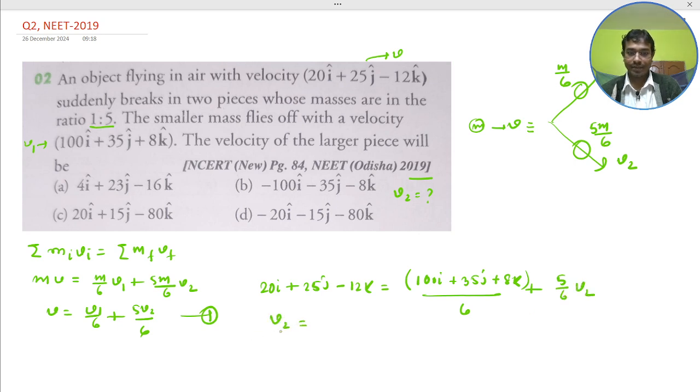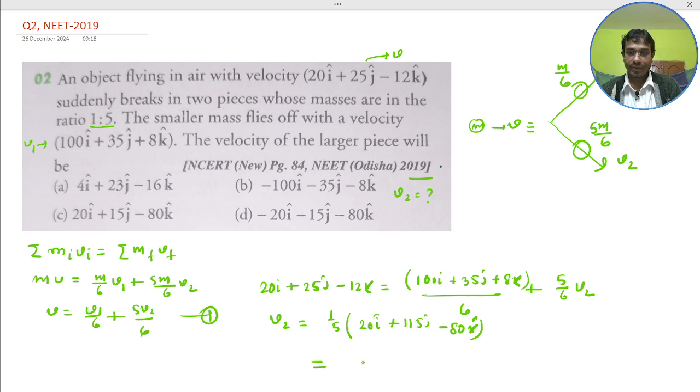So you have to get v2, that is 1 by 5 times of 20i plus 115j minus 80k.